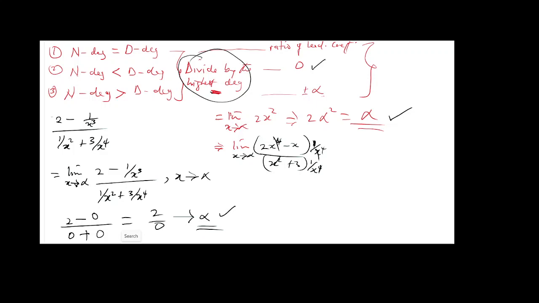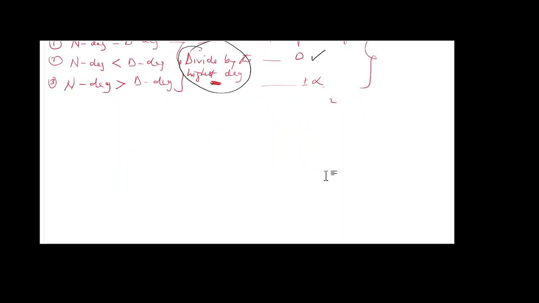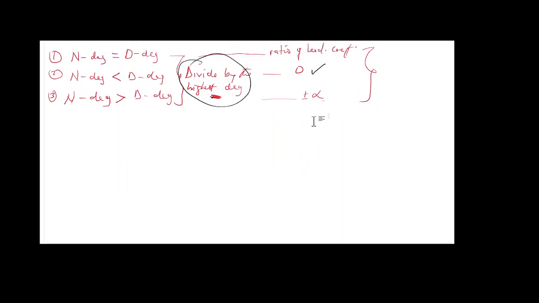Let's take one more example, applying both the shortcut and the long method of evaluating limits at infinity, which uses the one rule of dividing both sides by the highest degree.